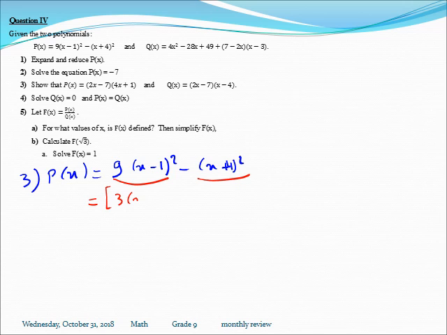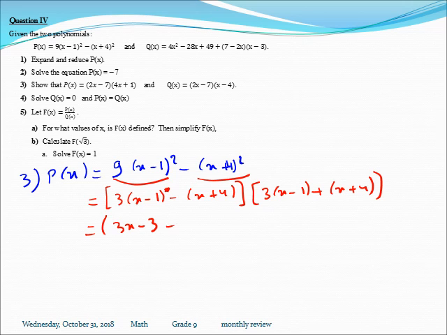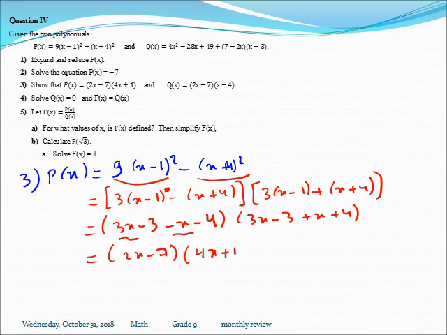So 3x minus 1 minus x plus 4, and 3x minus 1 plus x plus 4, equals 3x minus 3 minus x minus 4, and 3x minus 3 plus x plus 4, equals 2x minus 7, and 4x plus 1.